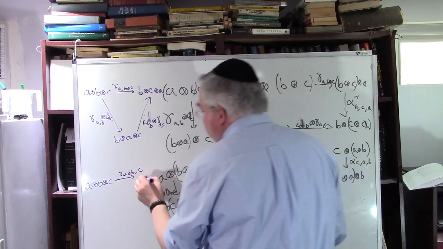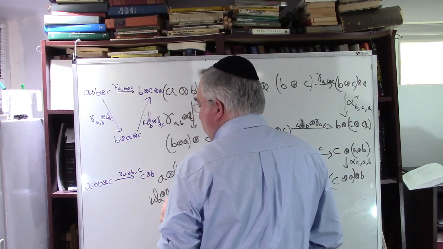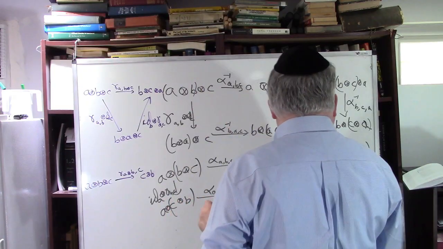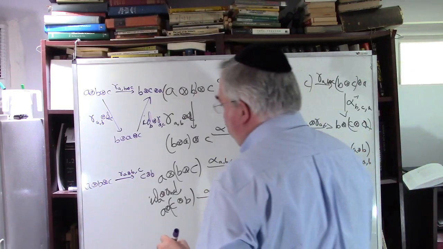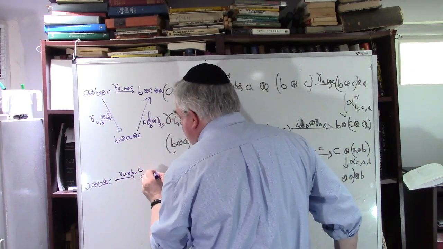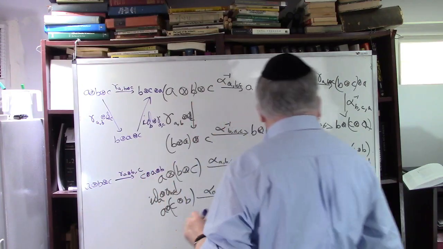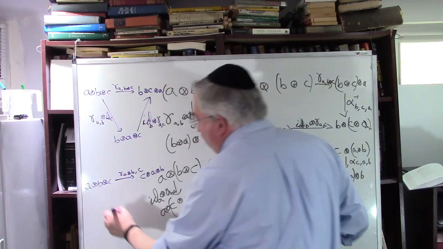This becomes C tensor AB, A tensor B. CAB. Very good.